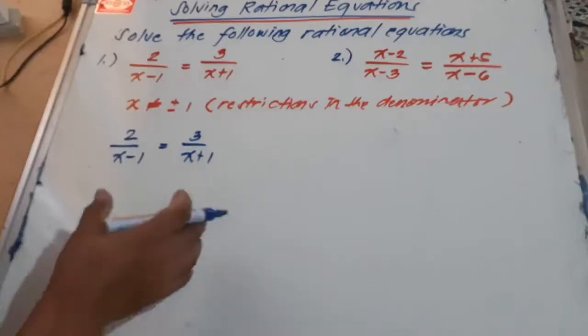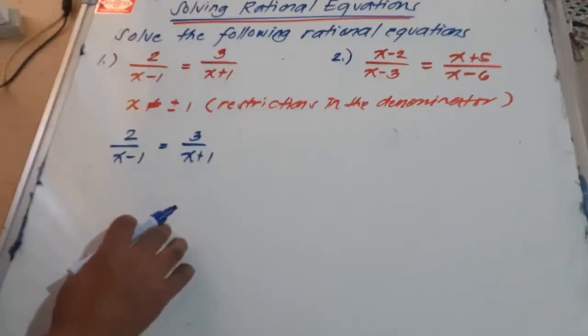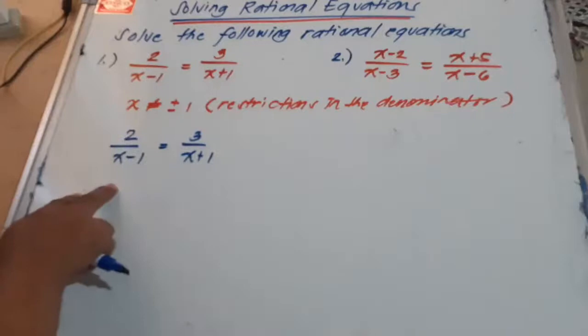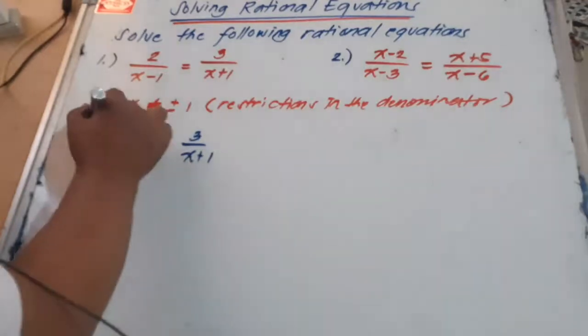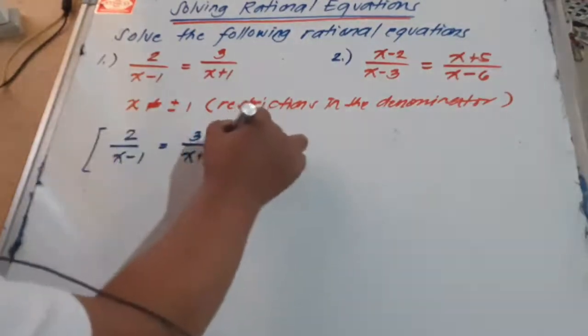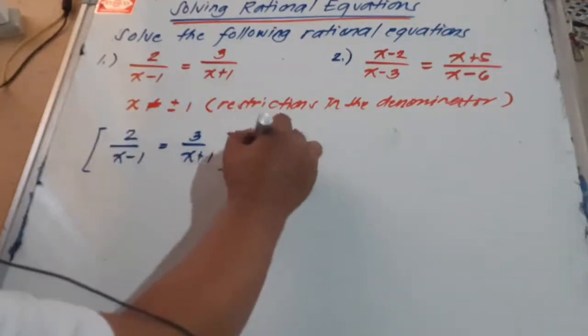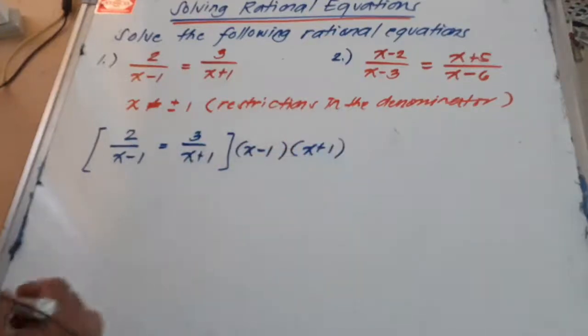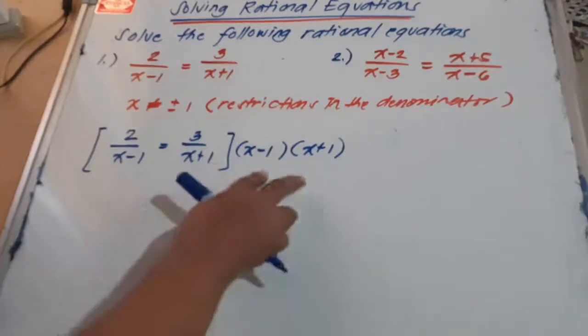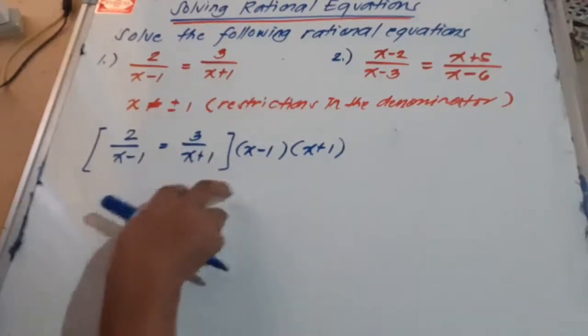Unang-una, we can apply cross multiplication since we have only one rational expression to the left side and one rational expression to the right side. Or pwede naman i-multiply natin both sides of the equation, the left and right, by the denominators para ma-eliminate yung ating denominator.